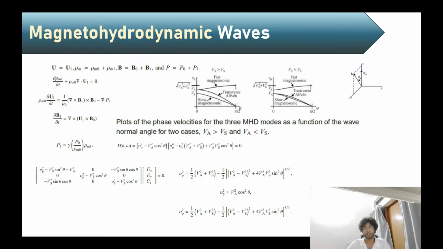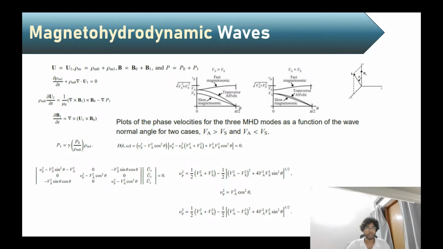Then what we do is introduce linear order perturbations to the base state plasma, and then we are going to use the equations of magnetohydrodynamics, like the continuity equation, the momentum equation, the induction equation, and the equation of state.